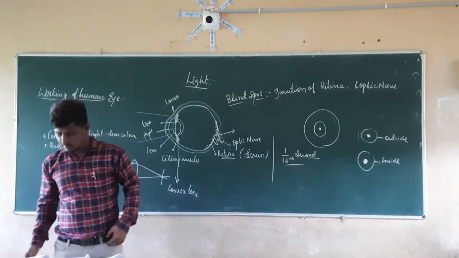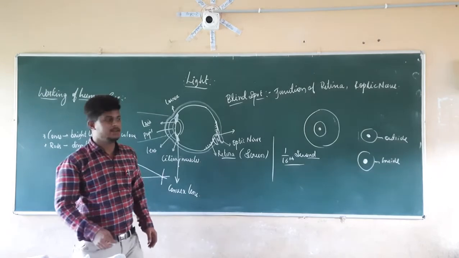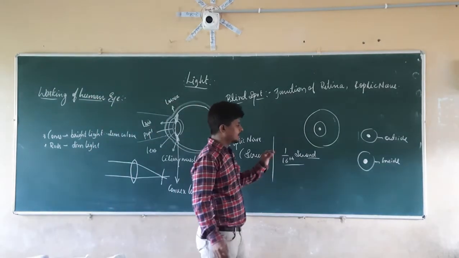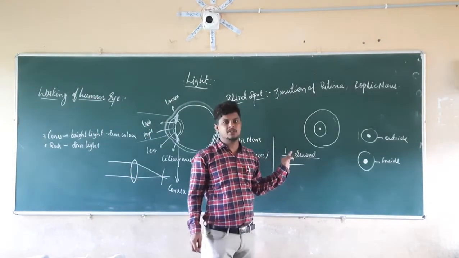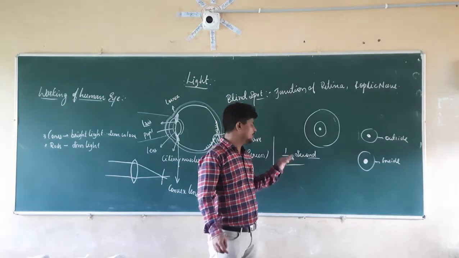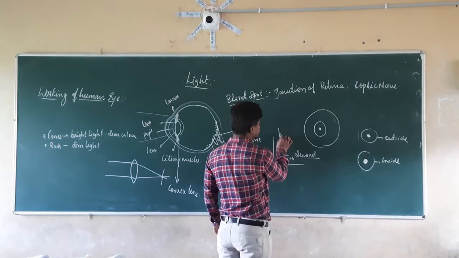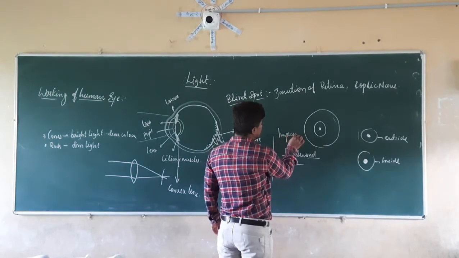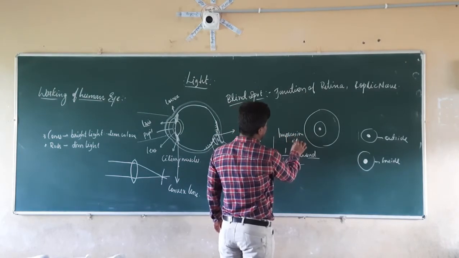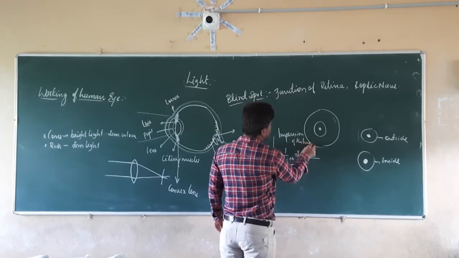So that is nothing but the impression of an image in our eyes, which is going to be there up to 1 by 16 seconds. What is the impression of the image?